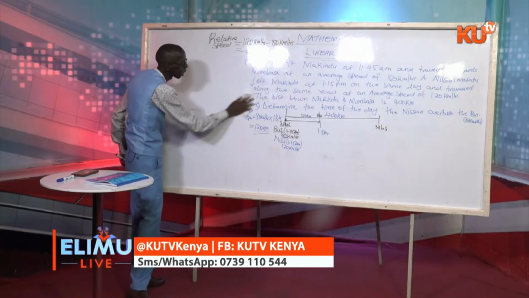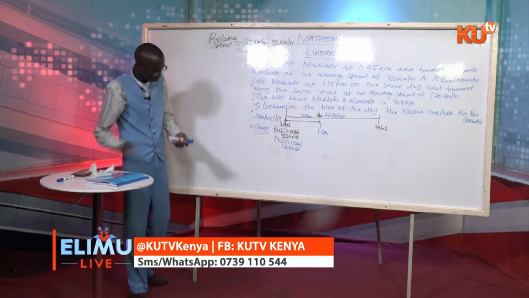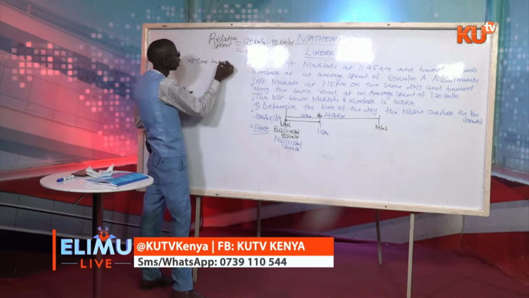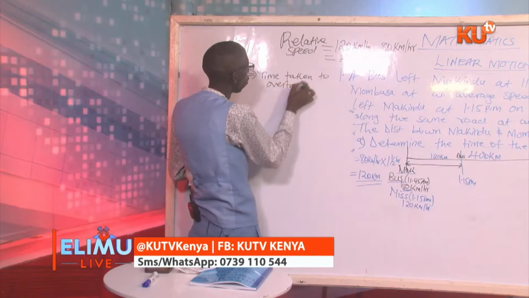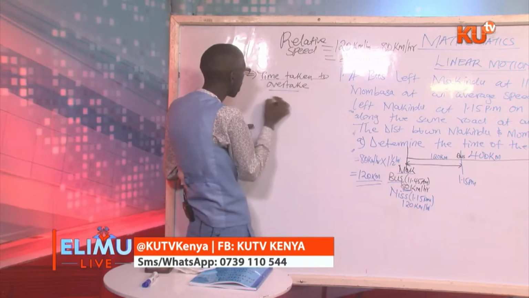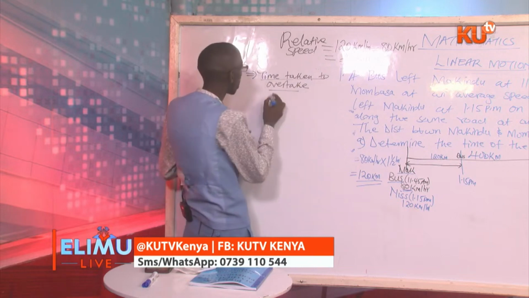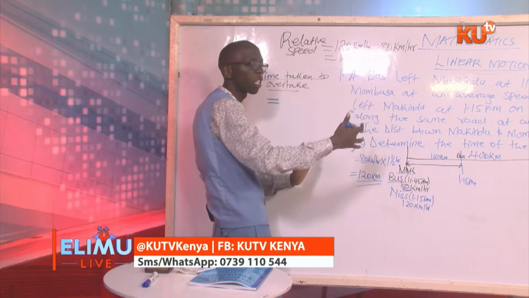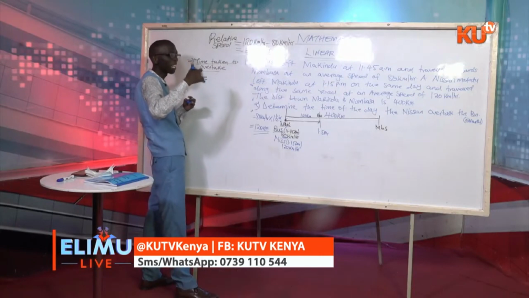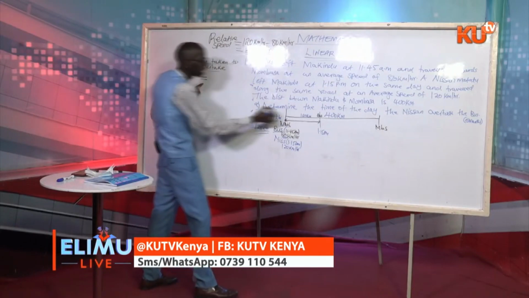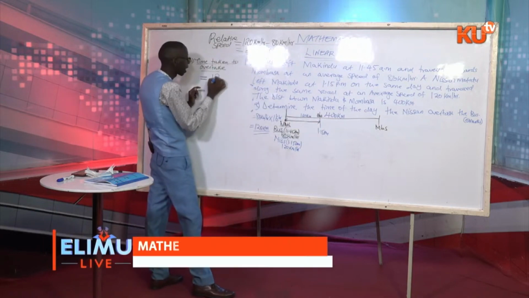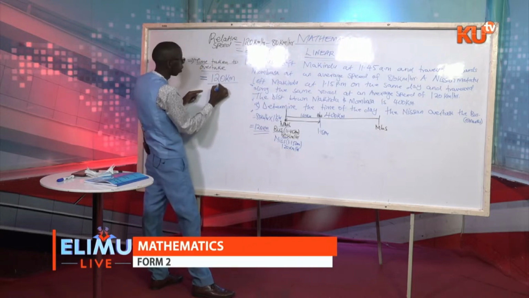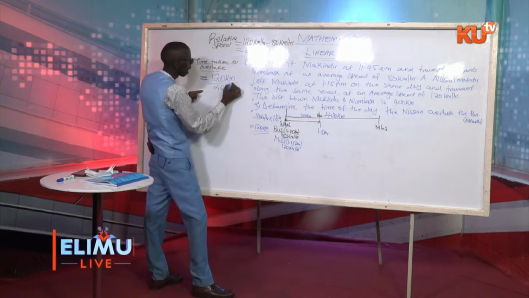The time taken to overtake will be given by the distance between the vehicles, which is 120 kilometers, divided by the relative speed, which is 40 kilometers per hour.